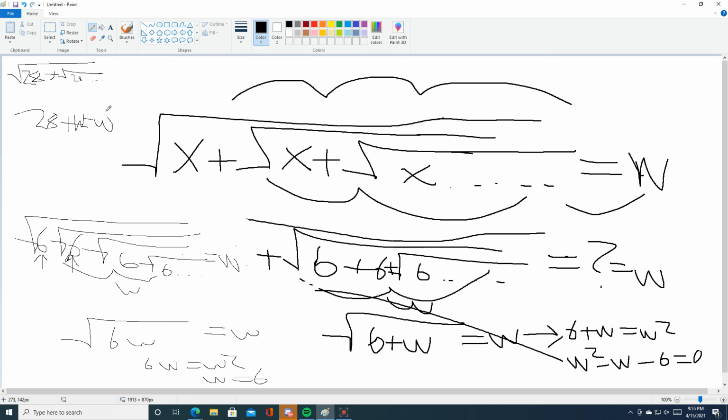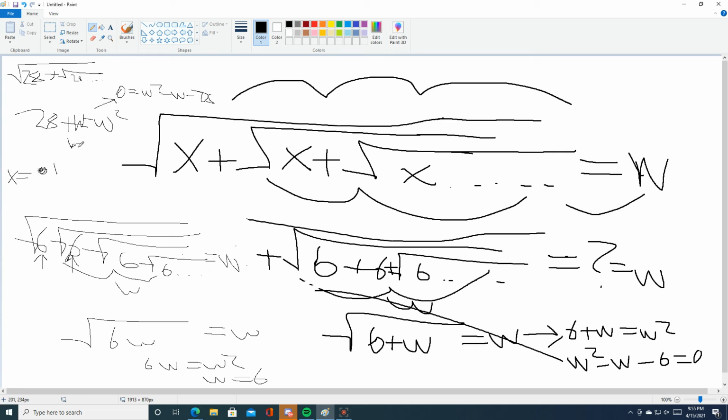Since this doesn't have a nice factorization where the two factors can add to equal 1, you'd use the quadratic formula. When you put this into quadratic form, it's going to be 0 equals w squared minus w minus 28.